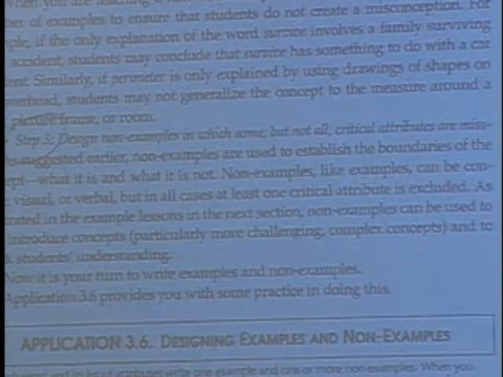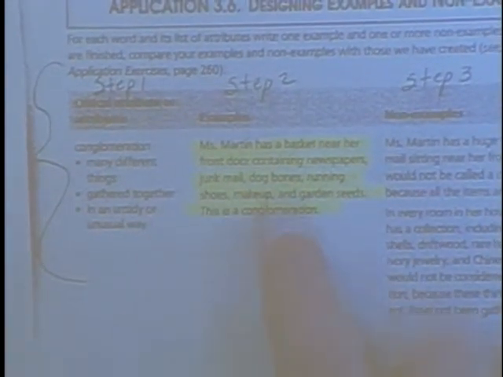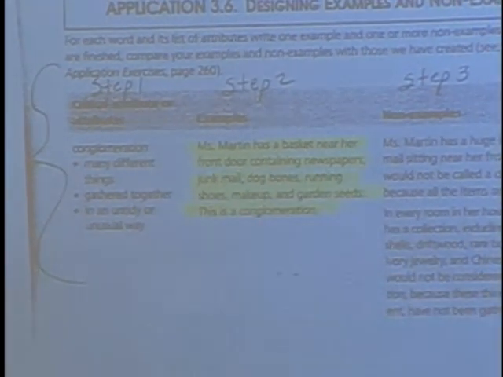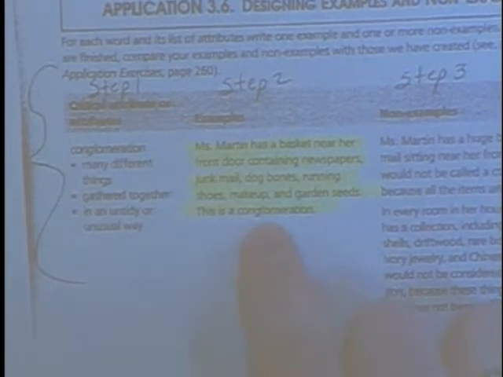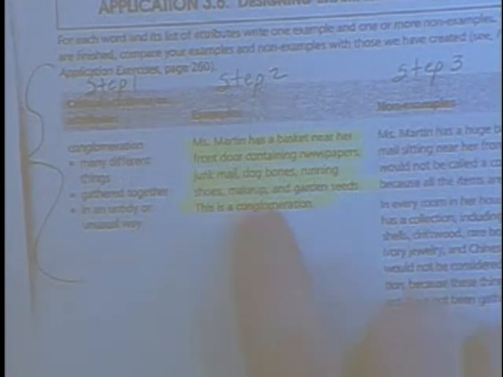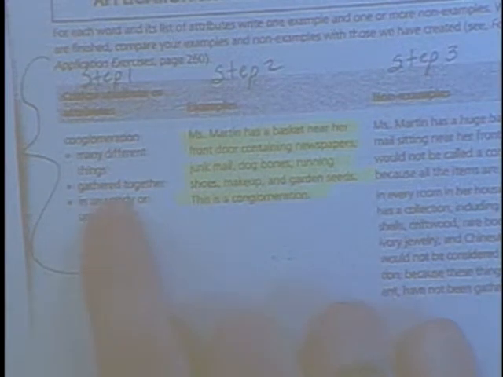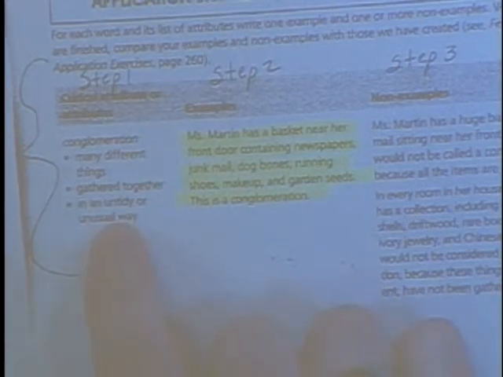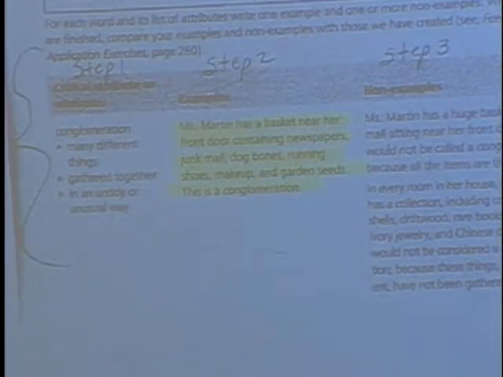Miss Martin has a basket near her front door containing newspapers, junk mail, dog bones, running shoes, makeup, and garden seeds. This is a conglomeration. Do you see? Is it many different things? Are they gathered together? Does it sound like it's in an untidy or an unusual way? I think so.